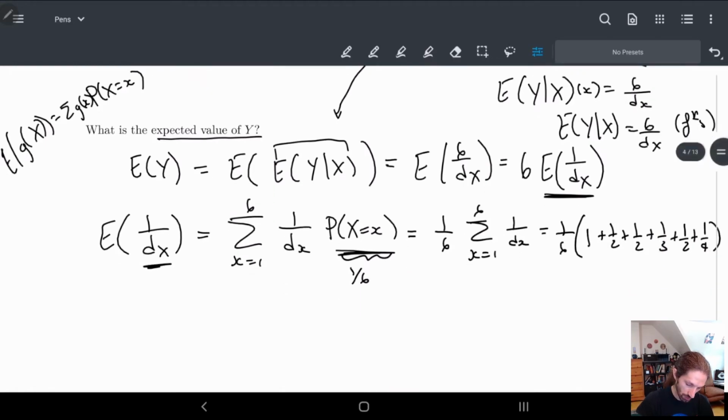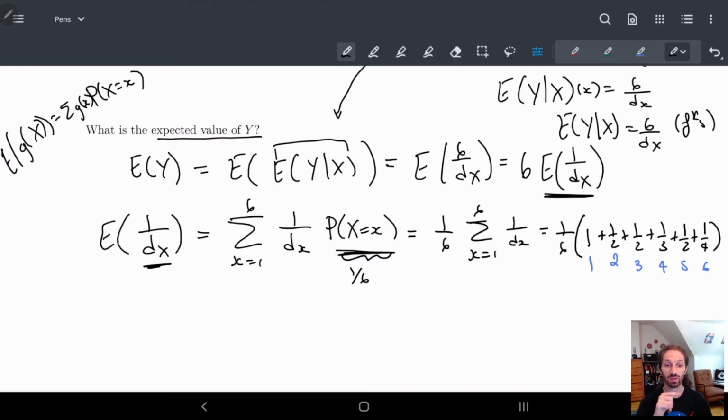These are the numbers for our x's: x equals 1, 2, 3, 4, 5, 6. For example, 4 has 3 divisors, that's why there's the 3 in the denominator. It's 1, 2, and 4. So 3 divisors.